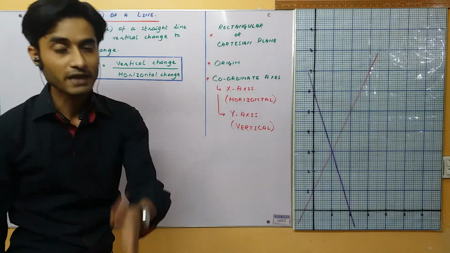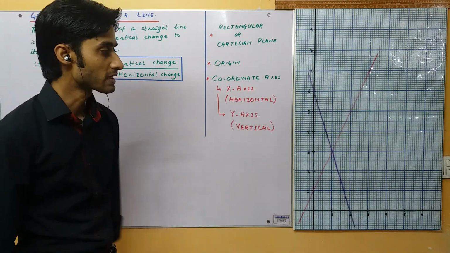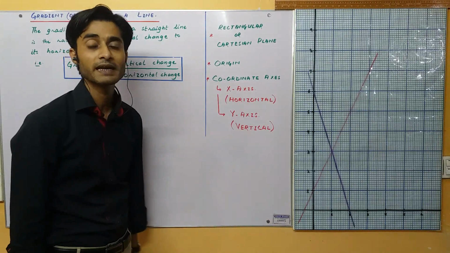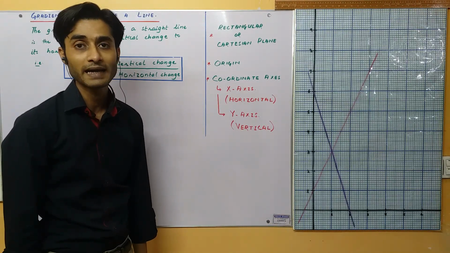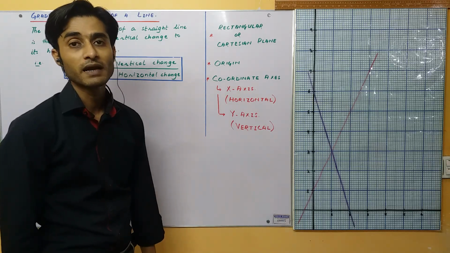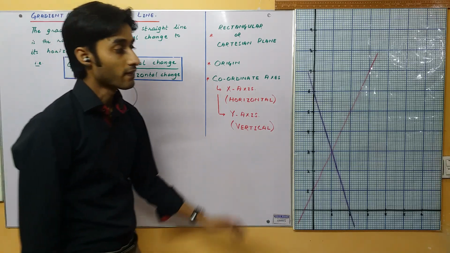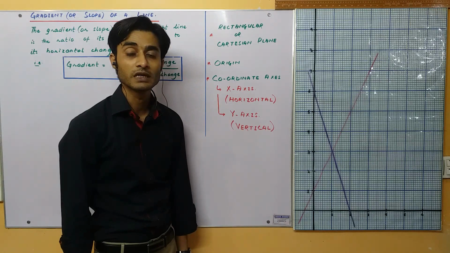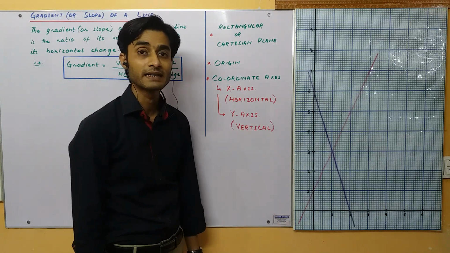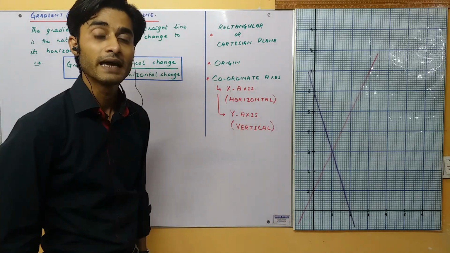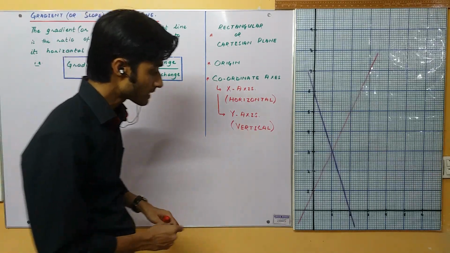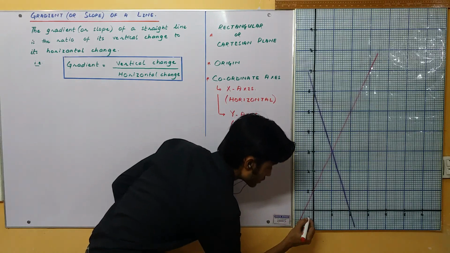If you want to note it down, you can: a Cartesian or rectangular plane is a plane formed by the intersection of two number lines intersecting each other at an angle of 90 degrees. The point at which these two number lines intersect is called the origin.